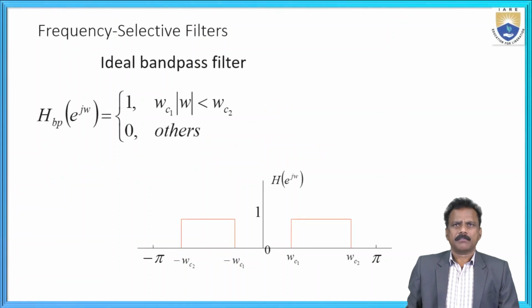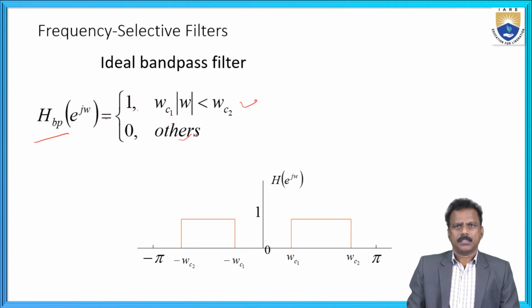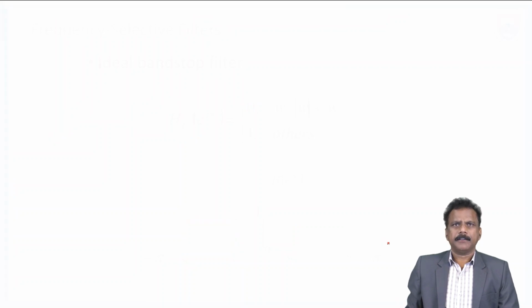Now the ideal band pass filter: H_BP of e power j omega is equal to 1 for omega c1 less than mod omega less than omega c2, and 0 otherwise. That is why these values are mentioned graphically.